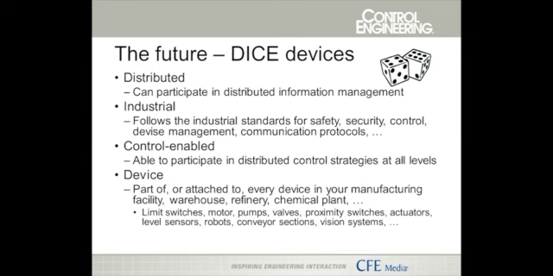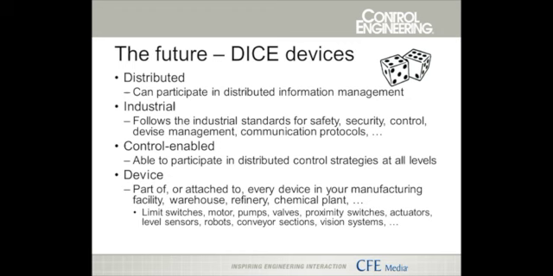Well, in order to talk about something, we have to name it. So I've come up with a little name for it, and I'm going to call it a DICE device, which is the smart device. D means it's distributed. It can participate in a distributed information management strategy. I is industrial, meaning that it will follow all the industrial standards that we currently have out there for safety, security, control, device management, communications protocols.